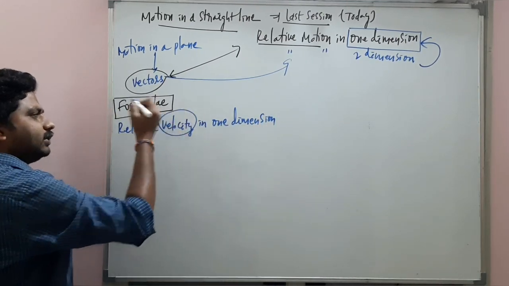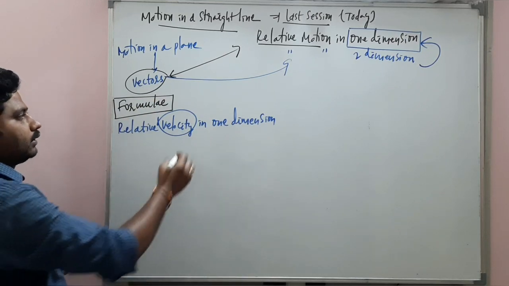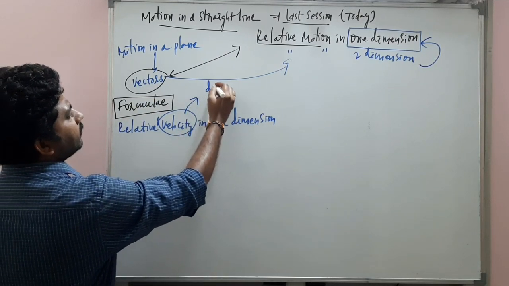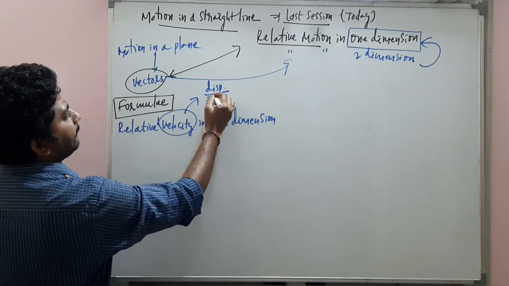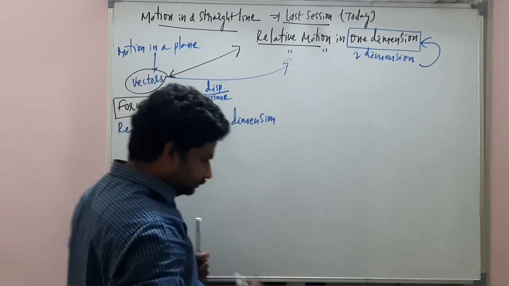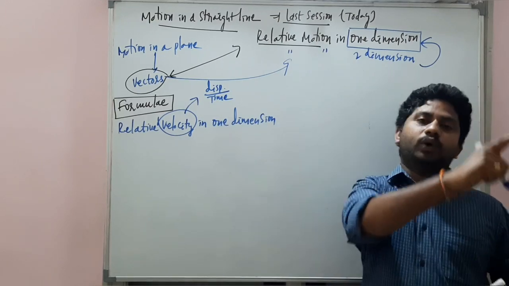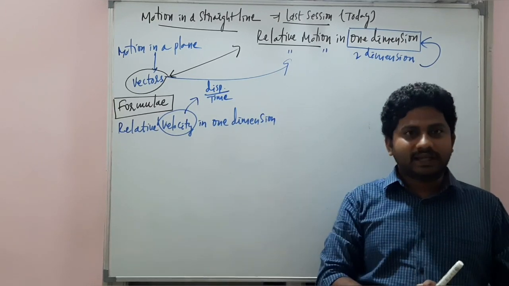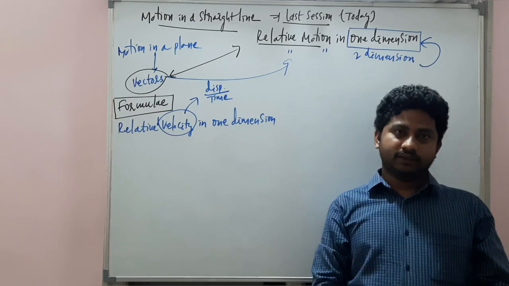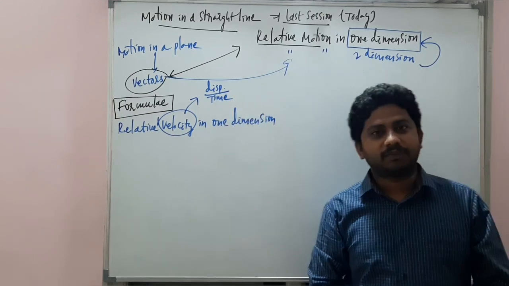Generally, the velocity we know. What is velocity? It is displacement by time. If a single body is moving in a straight line, you know how to find its velocity, right? By using displacement by time.